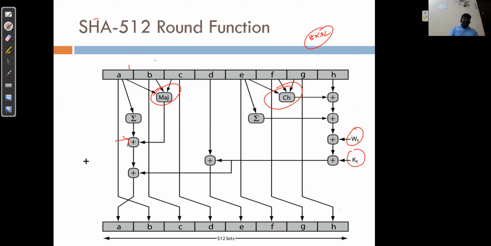These are the list of subsequent operations performed on the values stored in the 8 registers with respect to this 64-bit word value. Because we have 8 registers, we are processing a 64-bit plain text as a sub block.